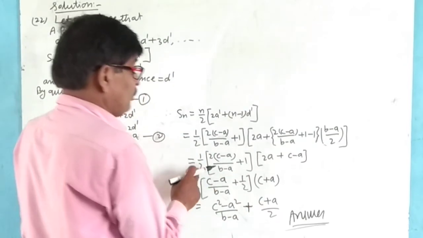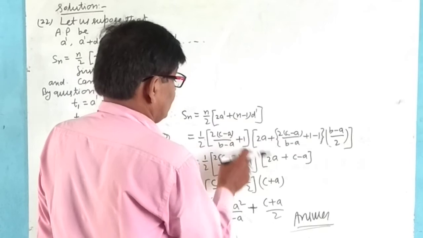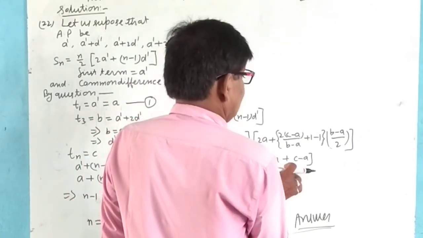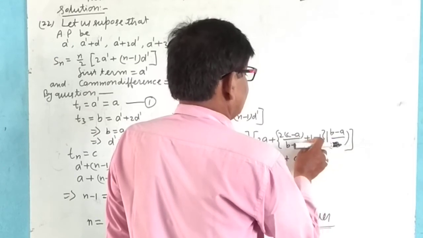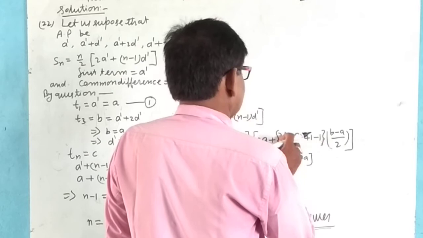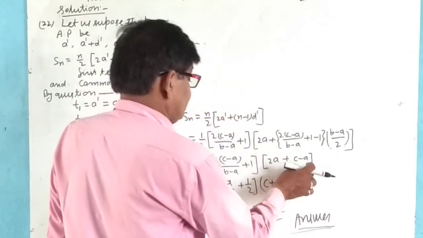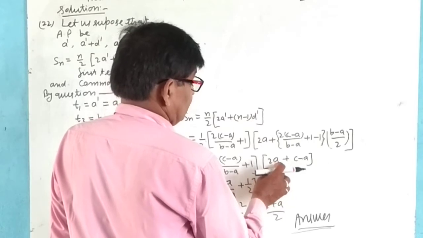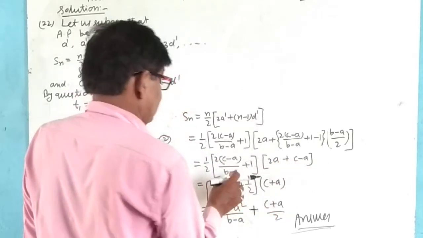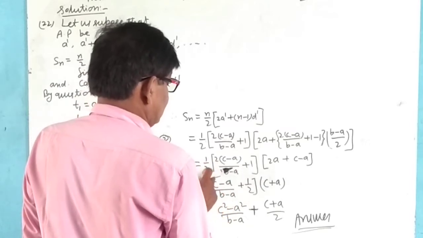Now half of [2(c - a)/(b - a) + 1], this term is this, and here this and this cancel, multiply, this cancels, this cancels, so that (c - a), 2a + c - a, that is c + a here, and now multiply these two cancel.